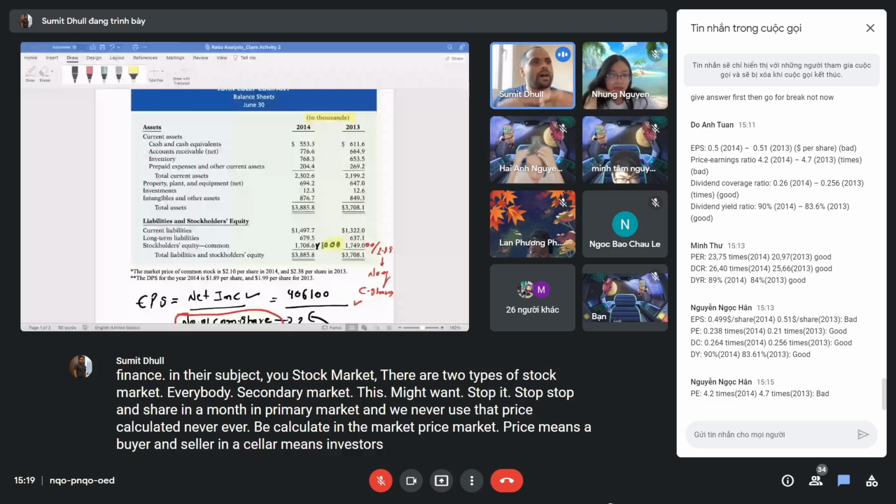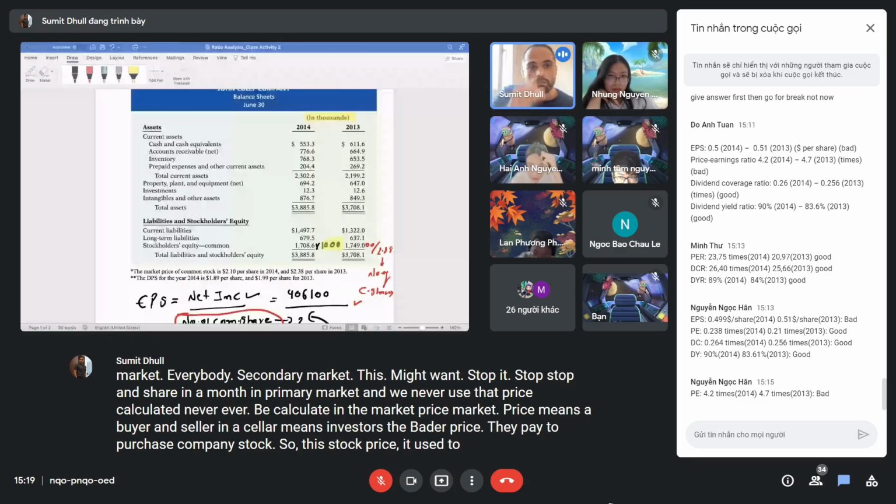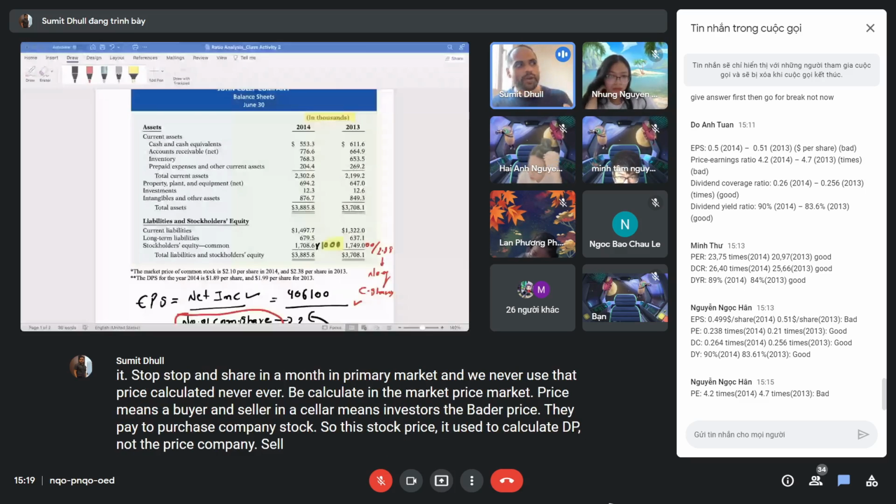The buyer and seller, the price they pay to purchase a company stock. So this stock price 2.0 is from the secondary market, that we use to calculate EPS, not the price the company sells at. Remember, a company sells shares only one time.